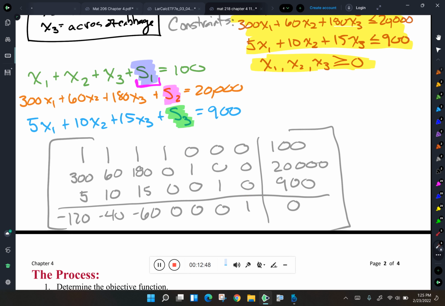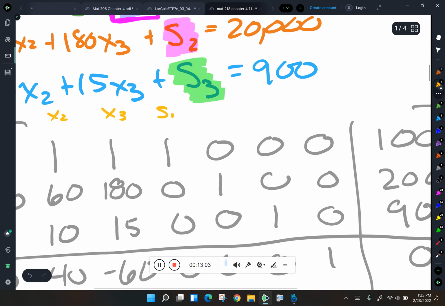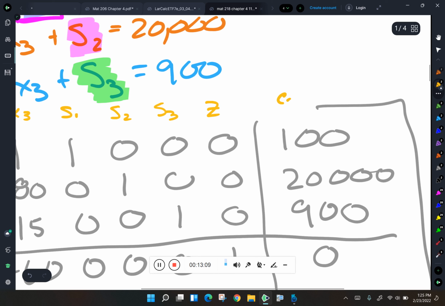Okay, so I'm just going to write those in really small above it so we can see what's going on. This is the x1, this is x2, this is x3, this is slack 1, this is slack 2, this is slack 3, this is z, and then over here we have our constants because that line right there is our equal sign.